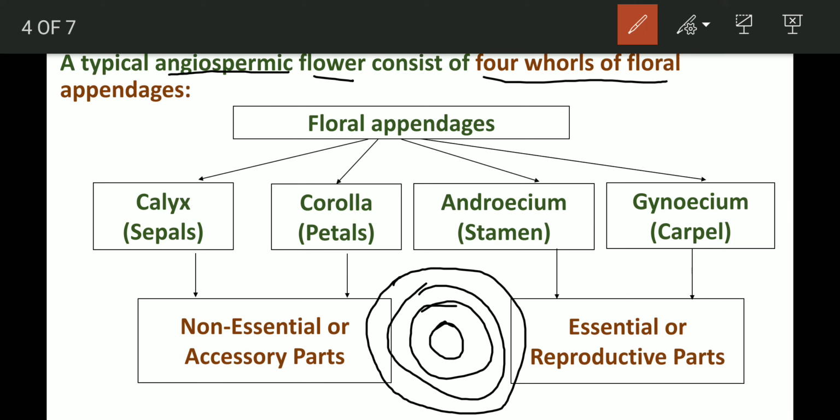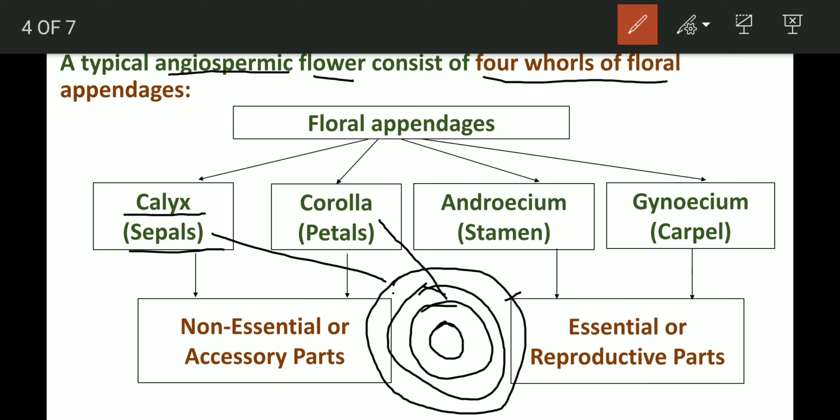I have told you by the vertical section about the floral appendages. The first appendage I told you are the green colored small leaf-like structures called calyx, or sepals. This outermost whorl consists of sepals. The second whorl is the corolla, the colorful appendage.